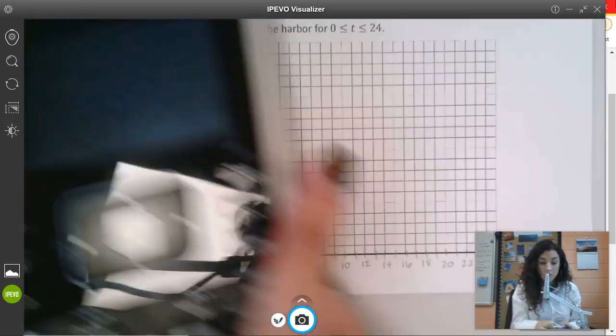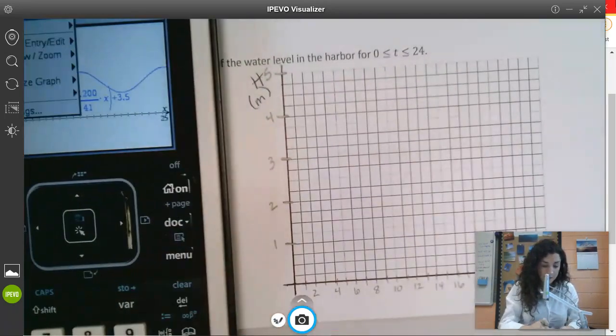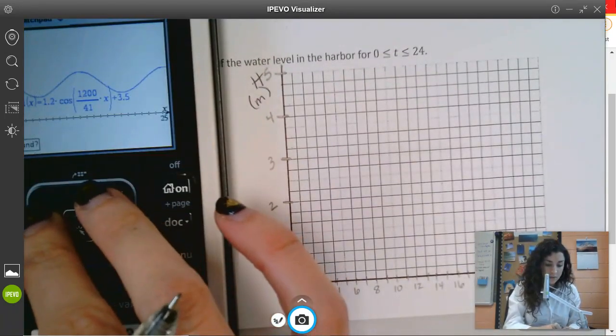So you can just grab it from your calculator, all of your maximums.